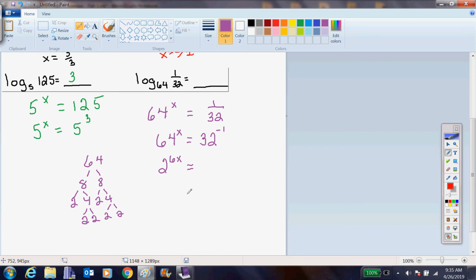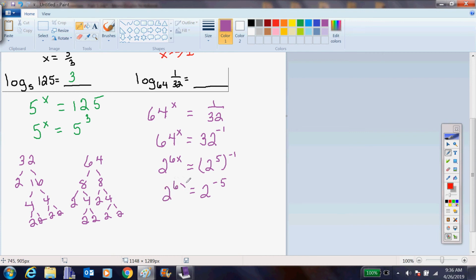This 32 also breaks down into 2 to the 5th, but just for those that need to see it, 2 times 16, 4, 4, 2, 2, 2, 2. So 2 to the 5th. So this is 2 to the 5th times -1, right? So this is 2 to the -5th and 2 to the 6x.